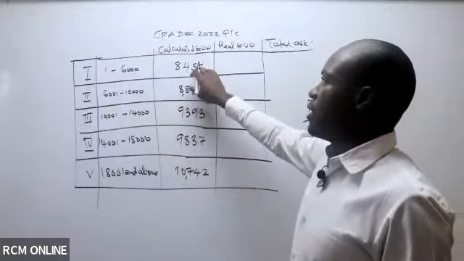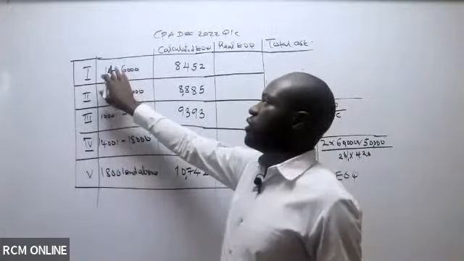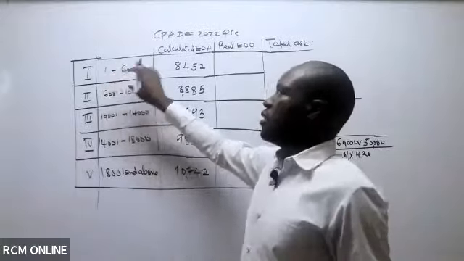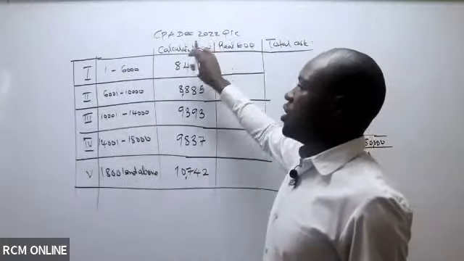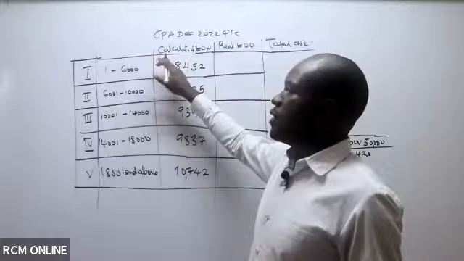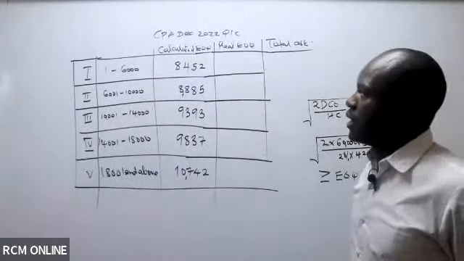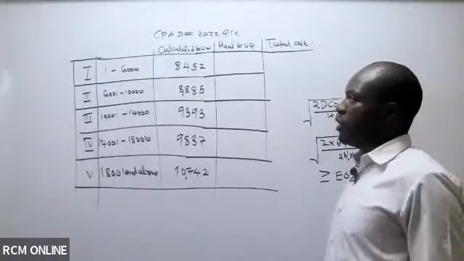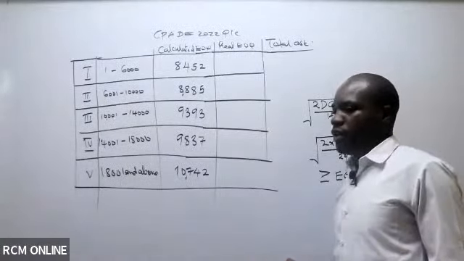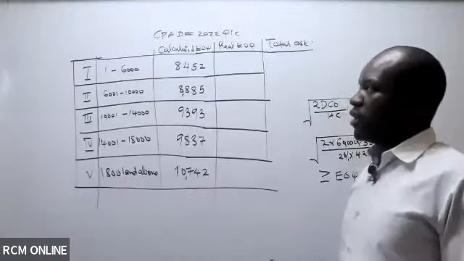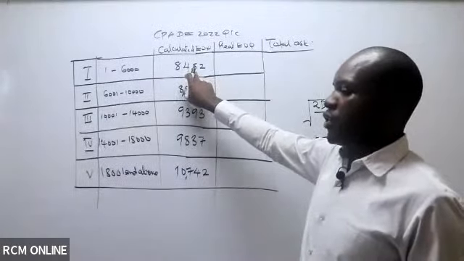Now compare the calculated one and the range that will give you a discount. Is our calculated economic order quantity below, above, or within the range? It is above the range, right?